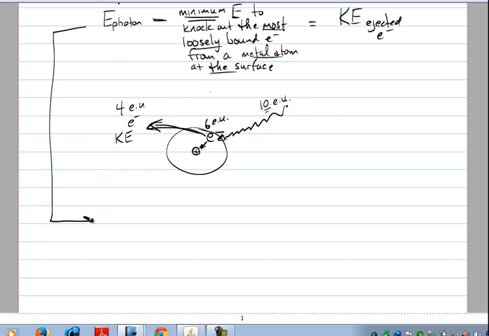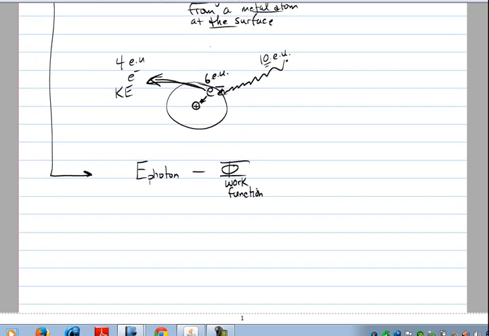So this equation becomes energy per photon minus the very convenient, well, the symbol isn't that convenient, the work function, is what they call it. Fancy name for the minimum energy required to knock the most loosely bound electron from a metal atom at the surface.